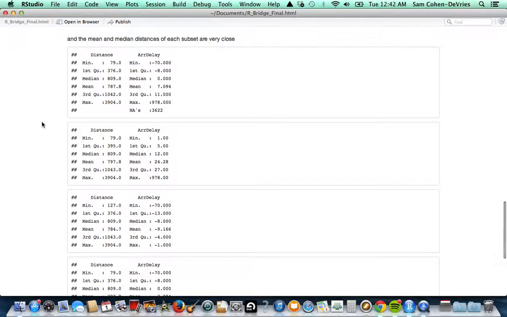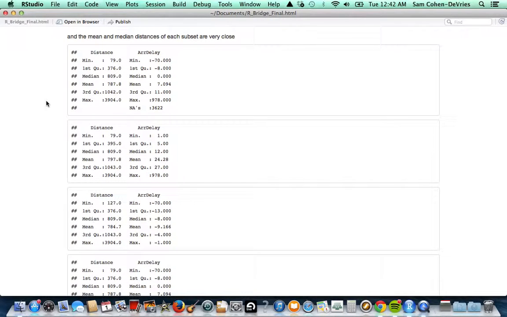Then I used the summary function to get the minimum, the quartiles, the medians, and the means for each separate group, early, on time, and late, and you'll see that the means are pretty similar all throughout.